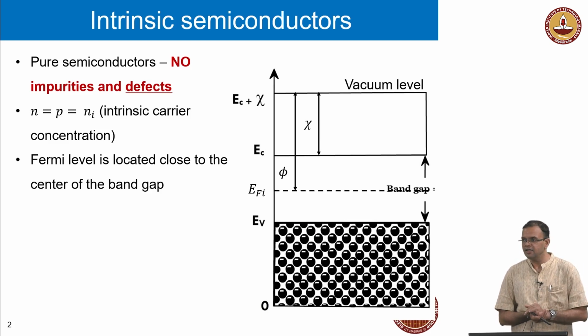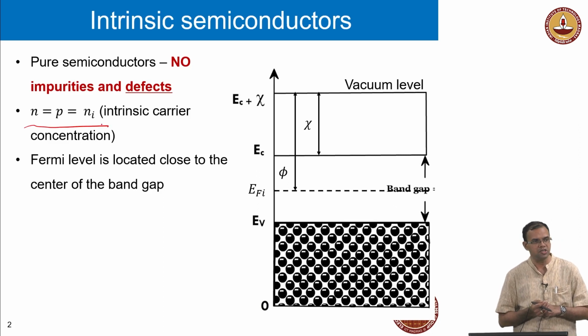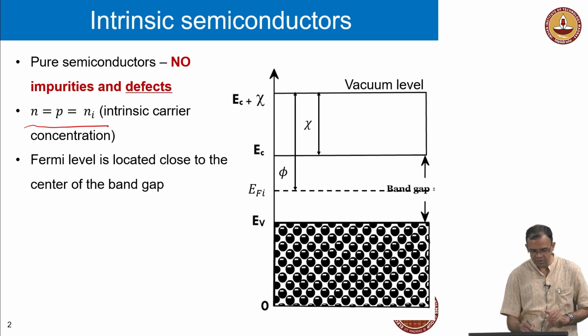So again, let's just put one brief slide about what we were doing earlier. We started off by talking about intrinsic semiconductors. An intrinsic semiconductor is nothing but a pure semiconductor, and more importantly there are no impurities, so it's a single crystal, no grain boundaries and no defects. Under these conditions, we can say that the concentration of electrons is equal to the concentration of holes, which is equal to the intrinsic carrier concentration, and of course we even saw the formula for Ni as a function of temperature, and the Fermi level is located close to the center of the gap, right?